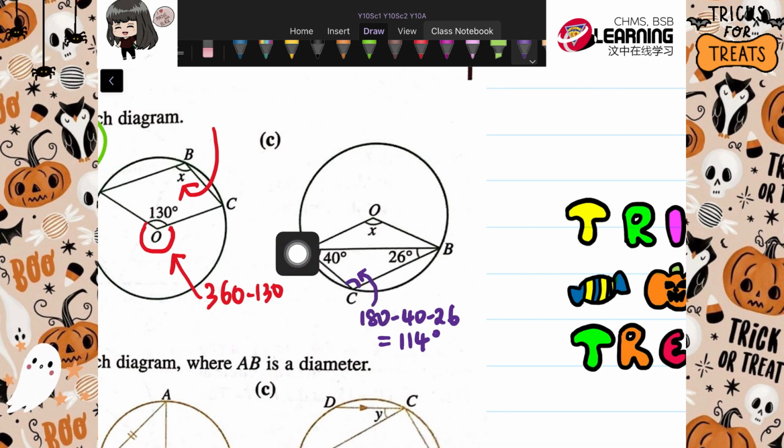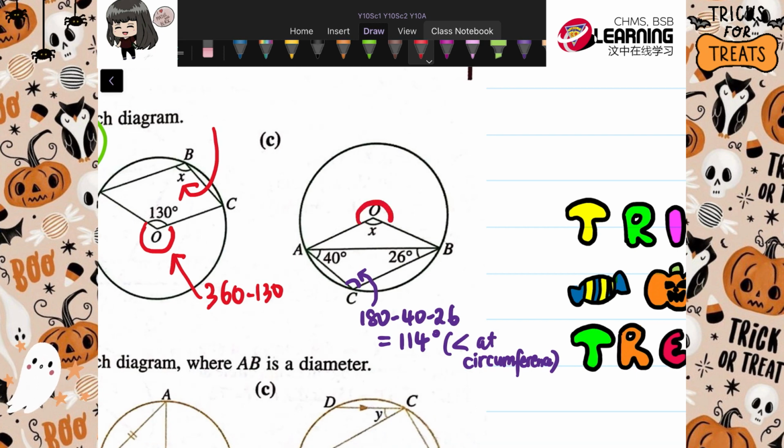And this angle here is the angle at the circumference, so it's twice the angle at the center. The angle at the center is not X, it's like this. The twice one is here. So if you times 2 for 114, it will be this one here.